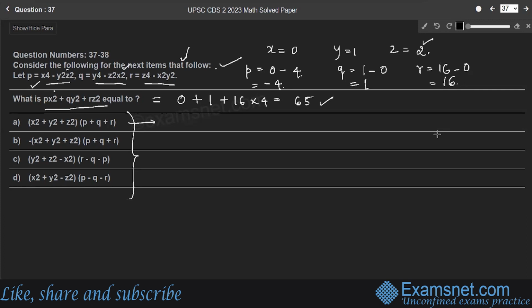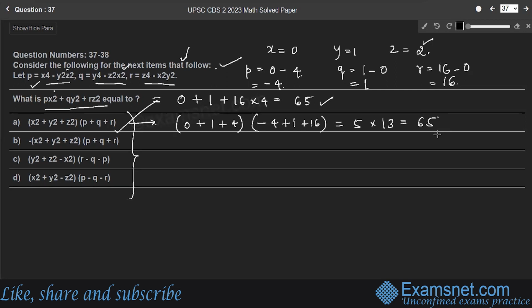Let us consider the first option, x square, y square and z square. Since x square is 0 square, y square is 1 square, z square is 4, right? Into P plus Q plus R. P is minus 4, Q is plus 1, R is 16, which is equal to 5 into 17 minus 4, 13. So which is equal to 65.